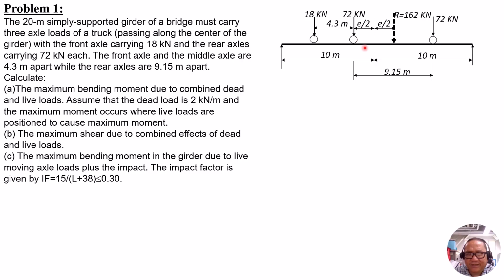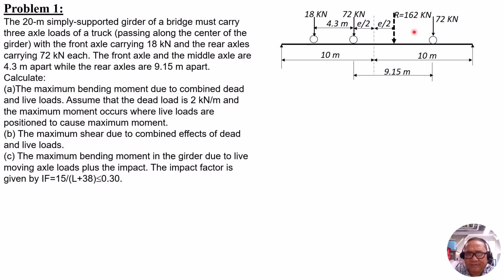If we only consider two loads, then still all the three loads lie on the span, unless the span is reduced to, let us say, 15 or lower than that. There's a possibility that only two loads will fit in the span. So this 18 kilonewton load might be off span.